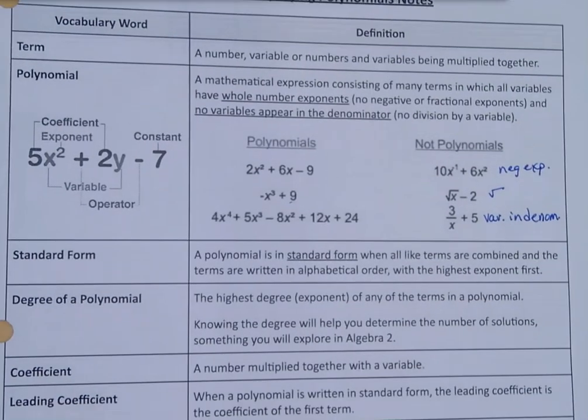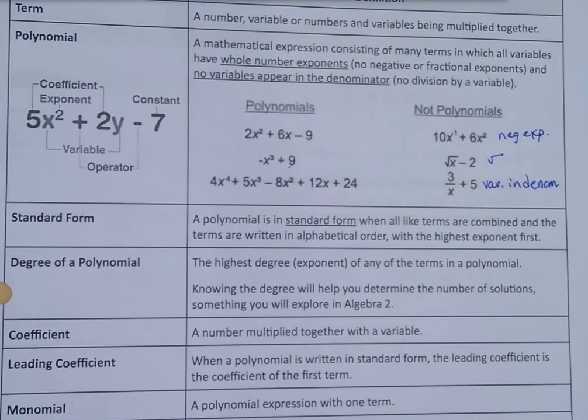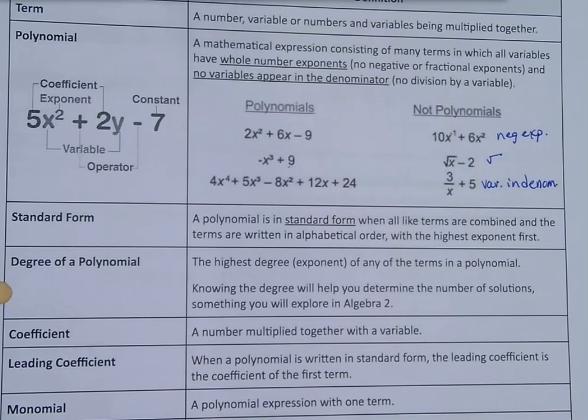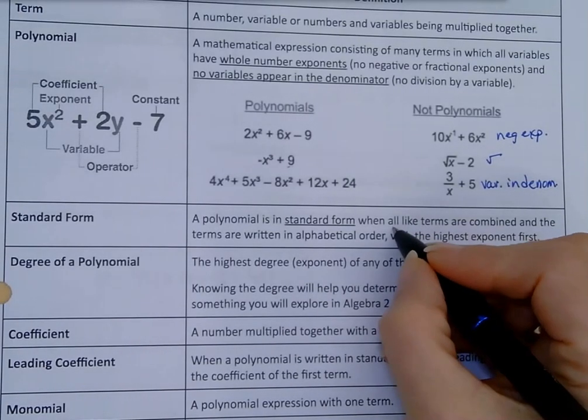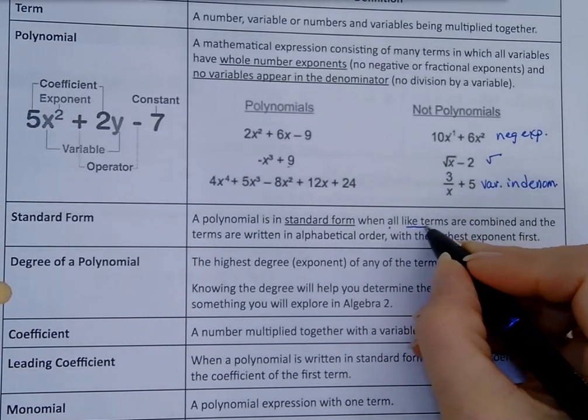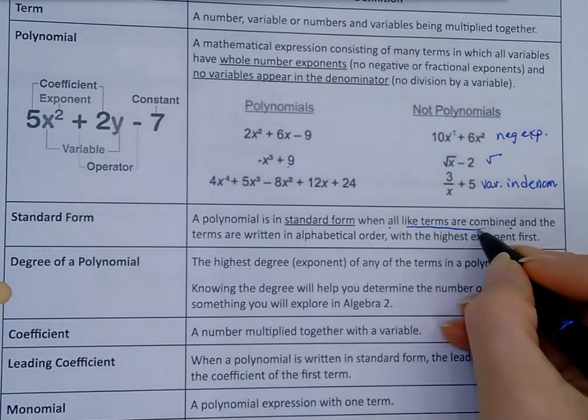All right. So think back to Unit 4. We talked about different forms of equations, and you'll remember that we had a standard form of an equation. In this case, we are thinking of how we write out our polynomials. We're also going to call this standard form, but in this case, it's when all of our like terms are combined, so there's no more math to do, right?